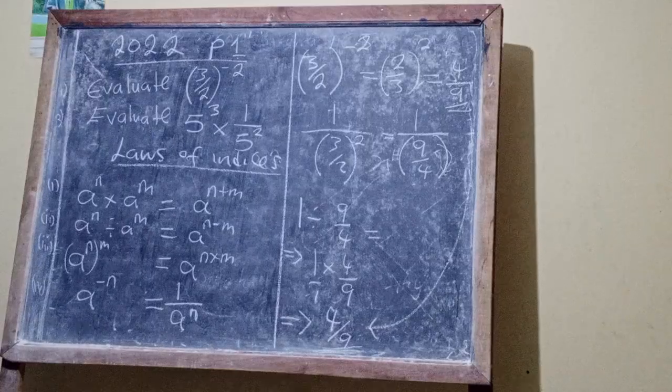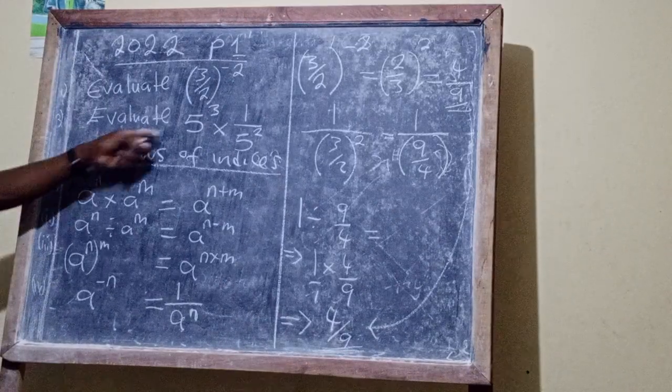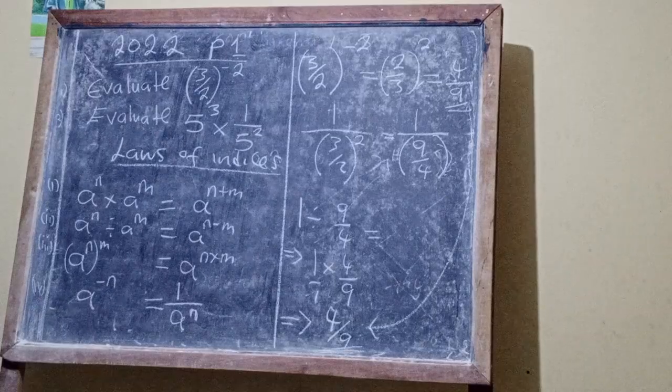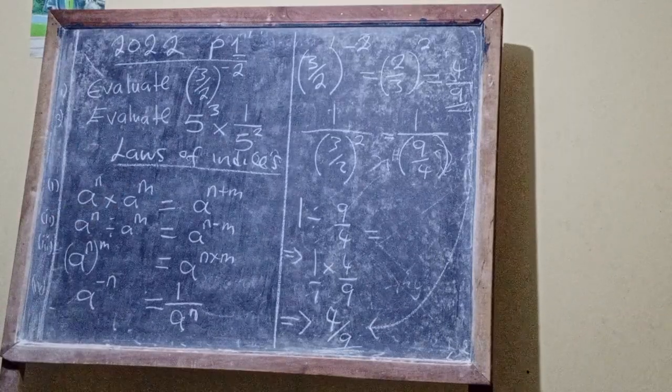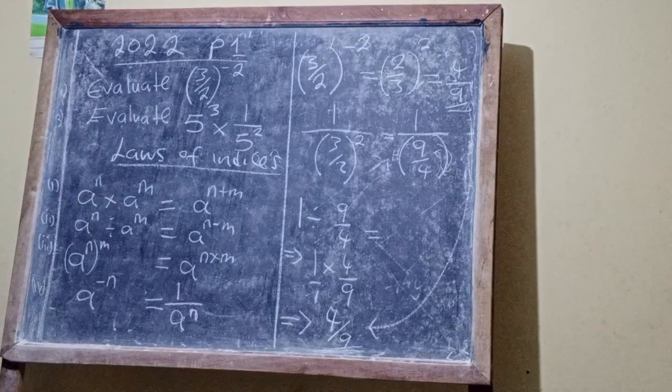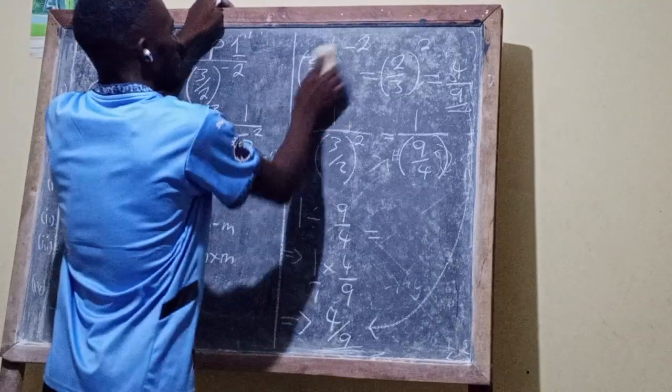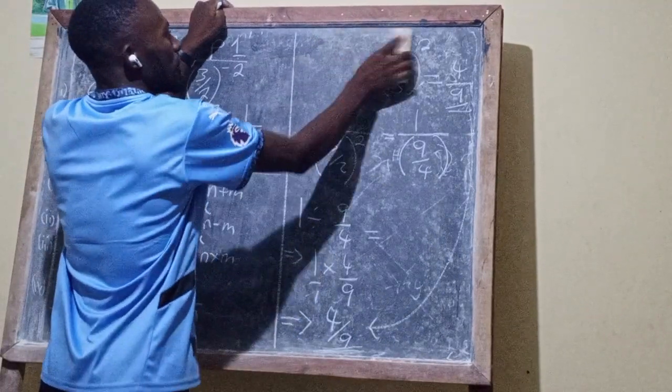Okay, let's move a little bit forward. We look at this other one, which says evaluate 5 to the power 3 times 1 over 5 to the power 2. Okay, let me write my part here.